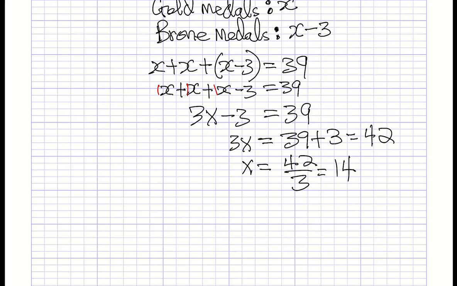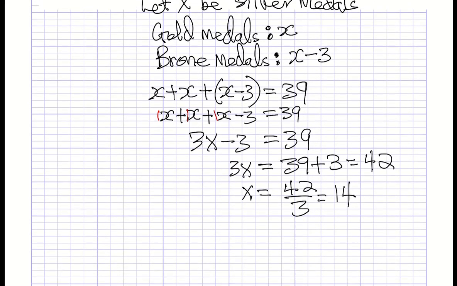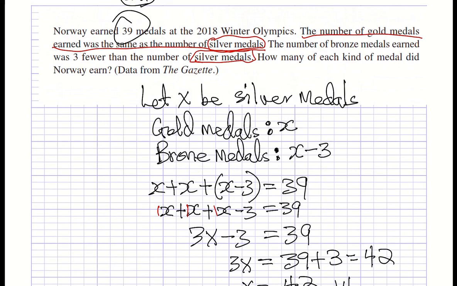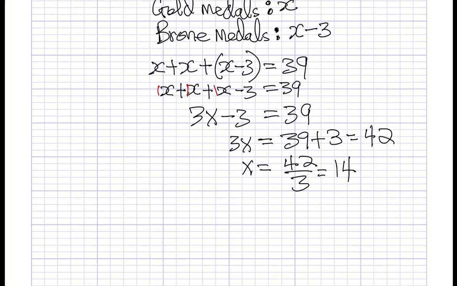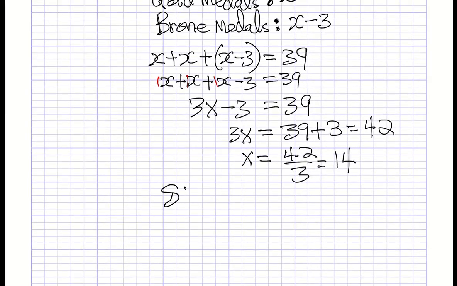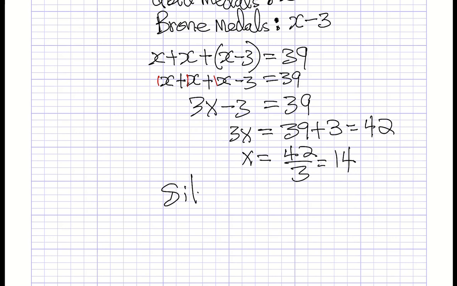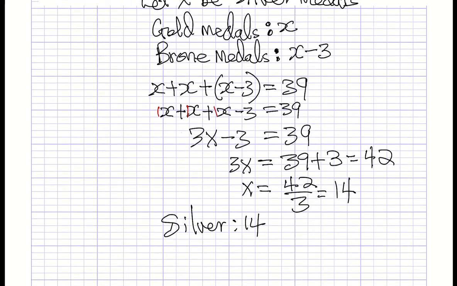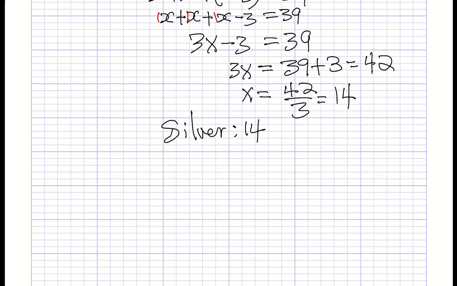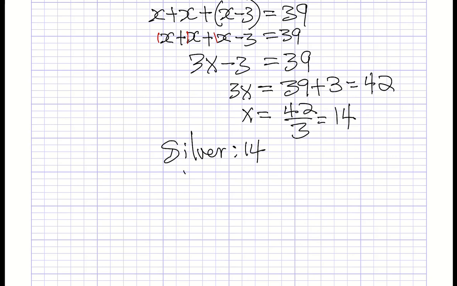So basically, it tells you bronze, silver medal. So number of silver is 14. Since silver and gold are the same, the number of gold medals is 14.